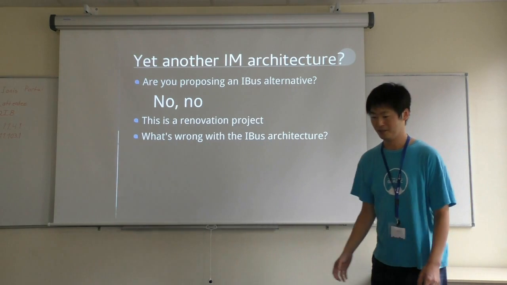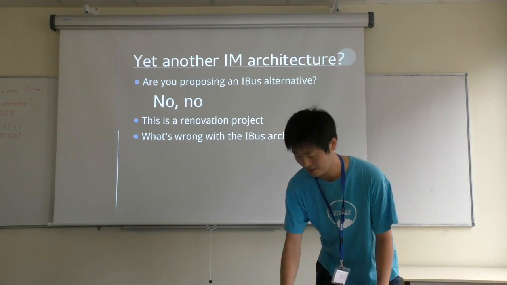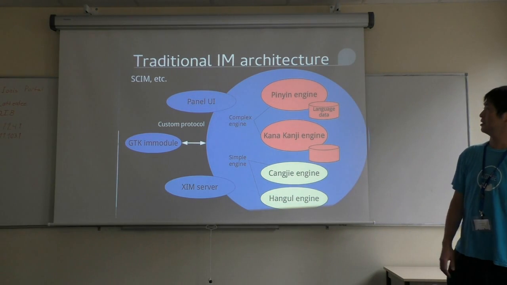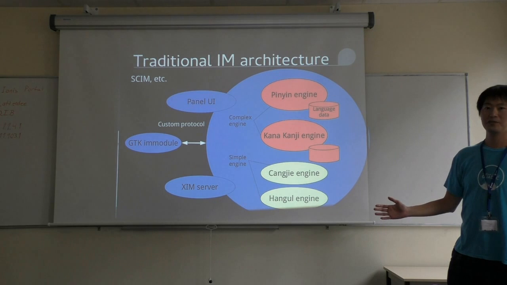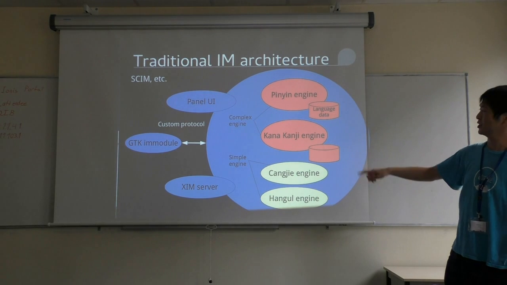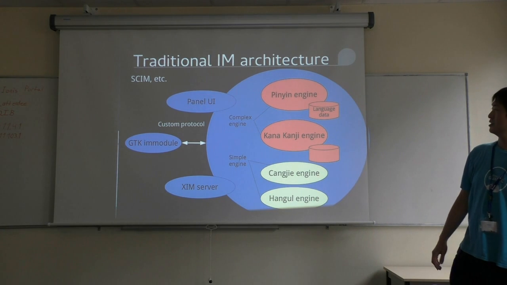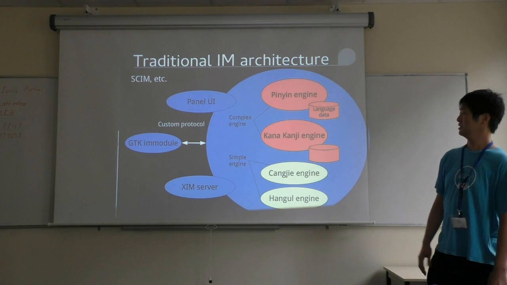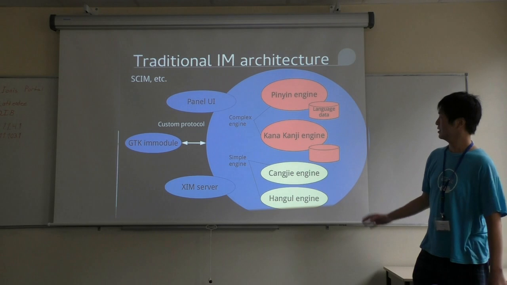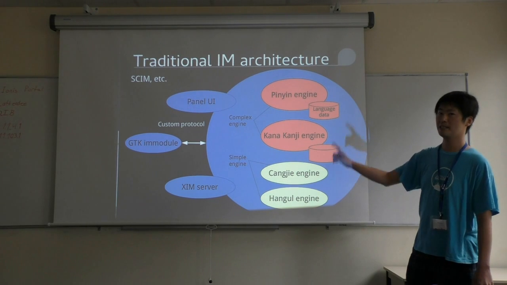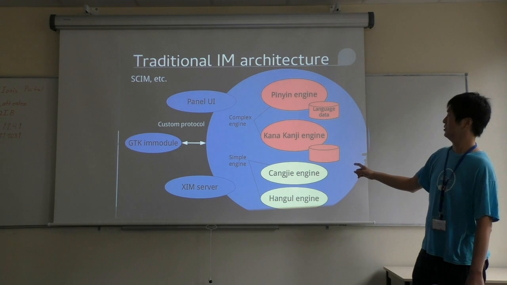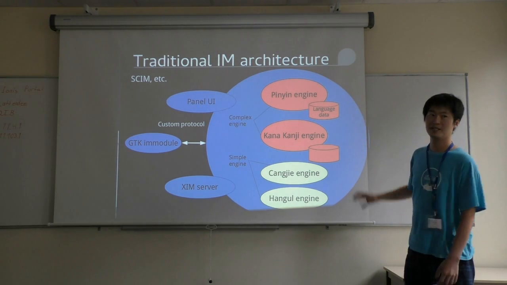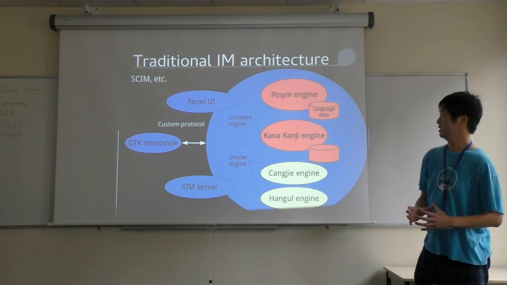So let's look at the basic architecture of iBus. Traditionally, input method architecture looked like this, something like SCIM. It is really a monolithic system. So it accommodates several engines in a single process.